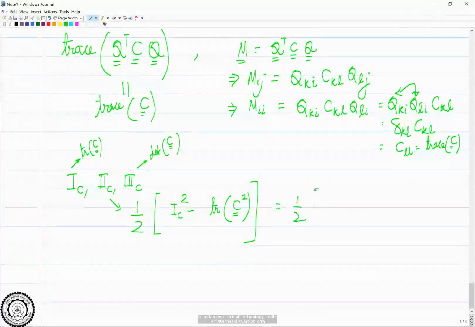Which is half of I_1(C) whole square minus I_1 of C square. I may be missing some factor here. Can someone confirm?